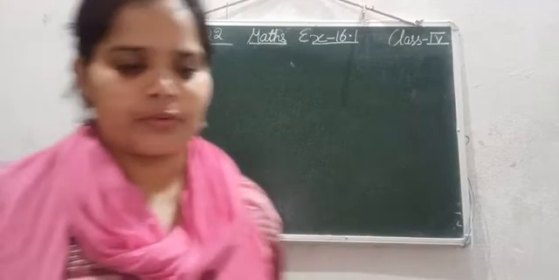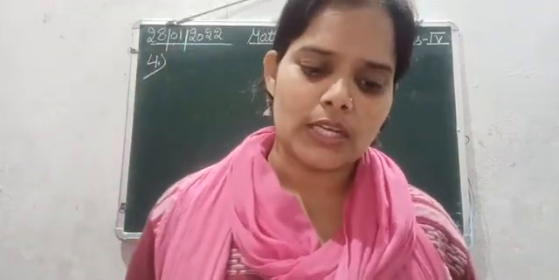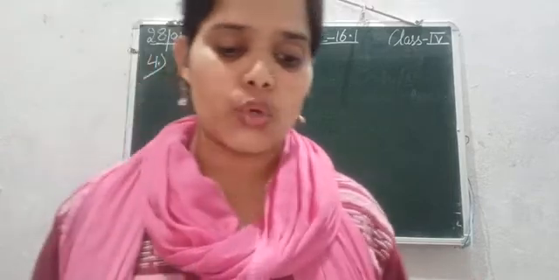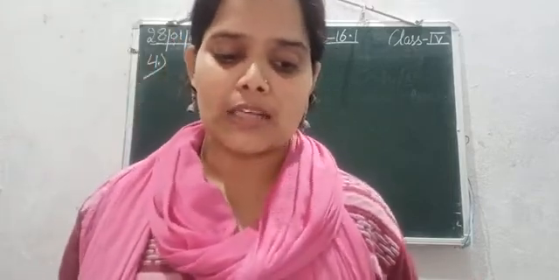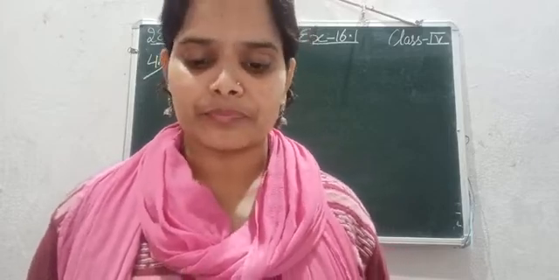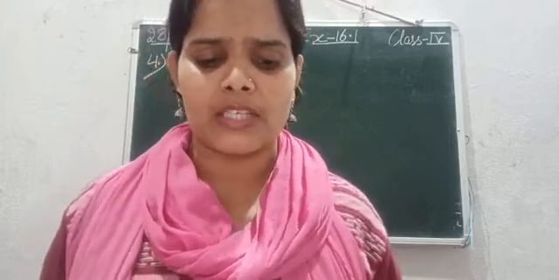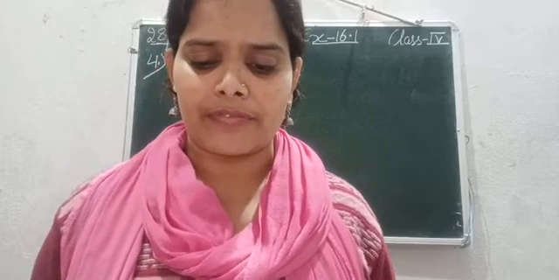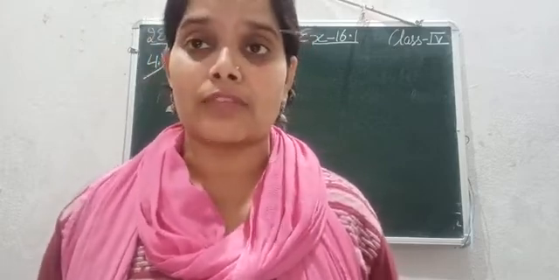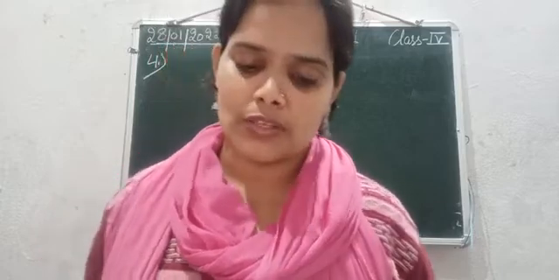The question number 4 is, a survey was conducted about favorite activities after school. It is shown in the bar graph. Answer the following questions. So here they are showing a survey of the different activities that were conducted after school. We need to answer the questions by reading the bar graph. First of all, I'm going to draw the bar graph here.